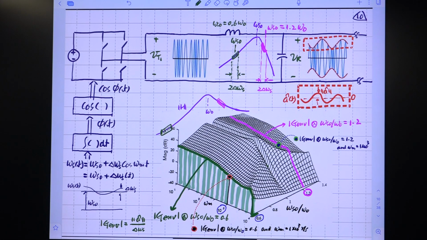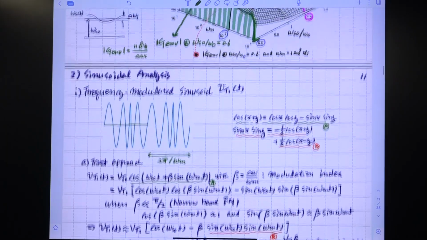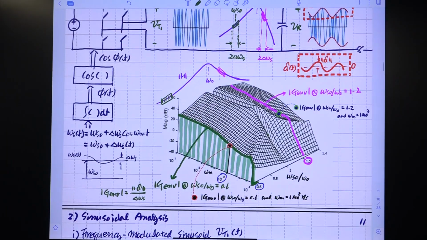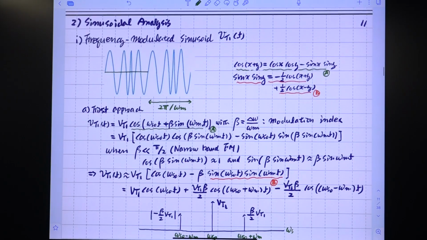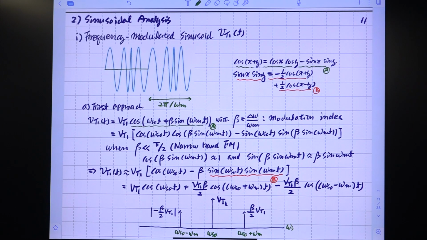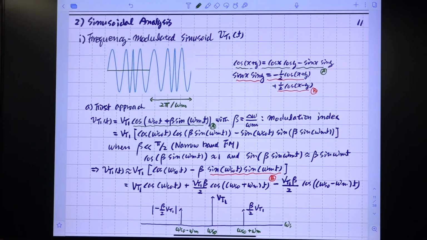Good. So the next step is different from this type of discussion. This one looks complicated, but this one is easy to explain and understand. This is just simple mathematics, maybe high school or freshman mathematics. First one is this.